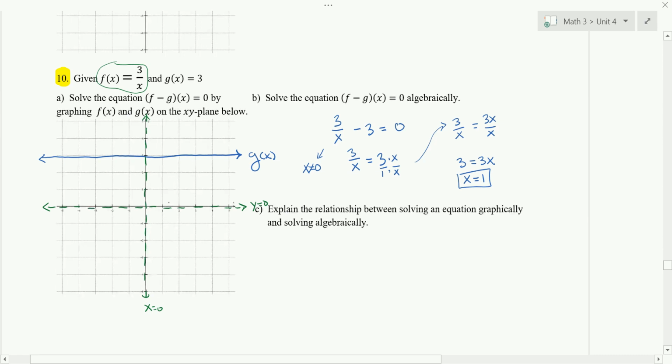We can check that by plugging in a 1. If I find out what f of 1 is, I get 3 over 1, which is 3, which gives me a point at 1, 3. And we can see that they're crossing there. We can get some extra points if we want, but it's going to look something like this.